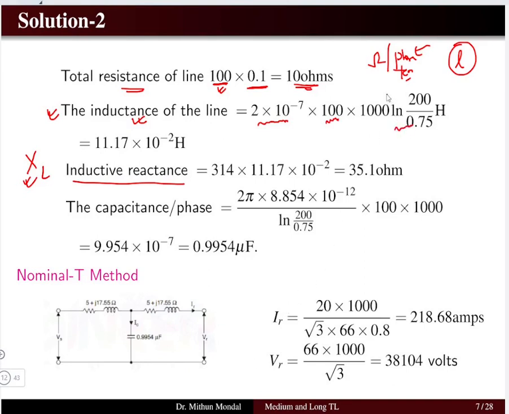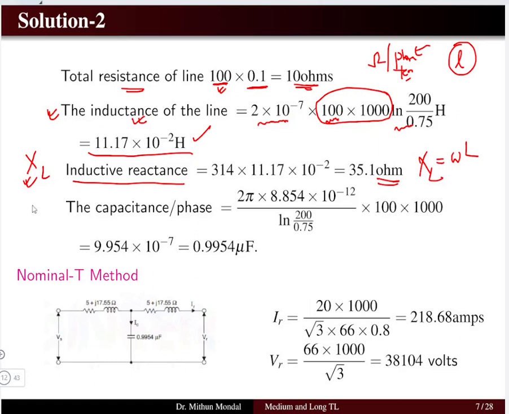Here we have been given 100 kilometers, so we will convert that into the same unit, otherwise there will be a mistake. So we get the inductance of the line. After getting the inductance, we can calculate XL, the inductive reactance, which is equal to omega L, and that will be in ohms.